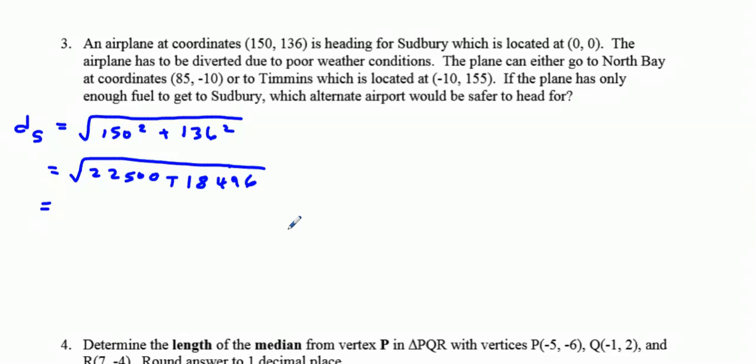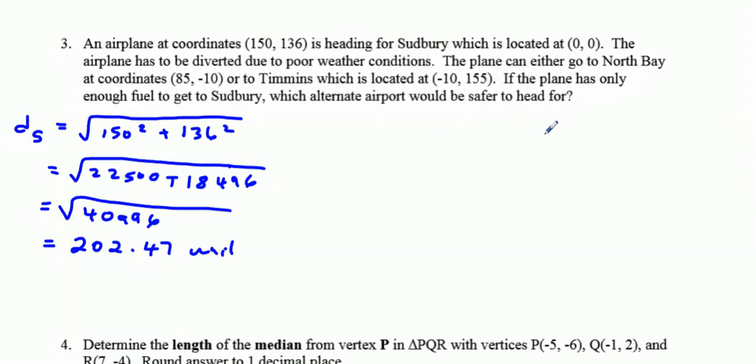All right, plus 22500. So that's the square root of 40996, which is approximately 202.47 units. We don't really need to find the exact value here because we're just going to compare the lengths, but I went ahead and did it anyway. I have to put an approximate sign there. So that's the distance to Sudbury.